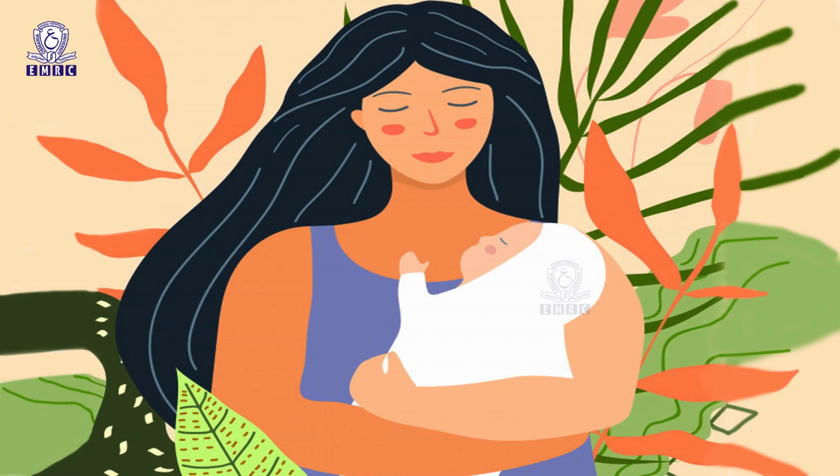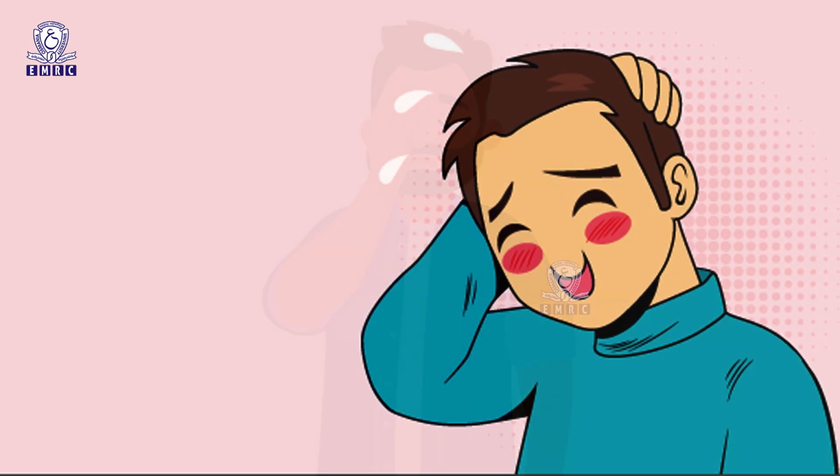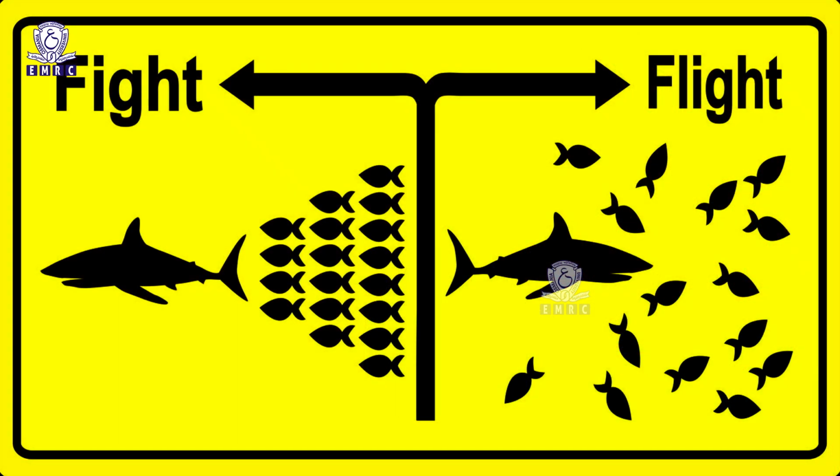According to this theory, we experience emotions such as fear, sadness and happiness only after physiological arousal, such as the fight or flight response, has occurred.